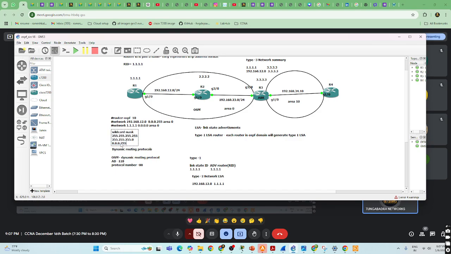You are precisely matching the last bits, not these bits. So in an efficient way, we are matching the precise bits. For that, we are using the wildcard mask. It's a syntax. Clear, brother?